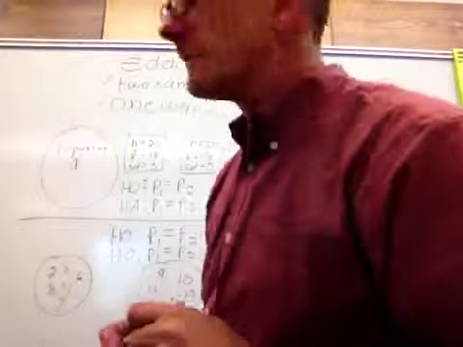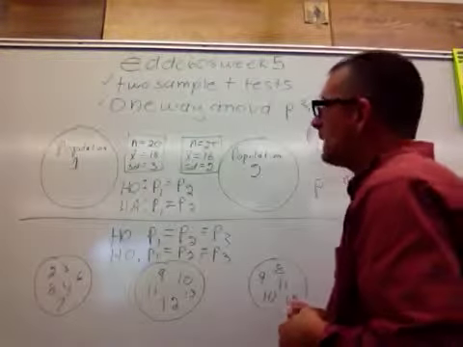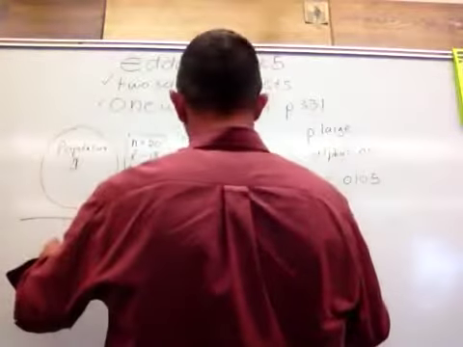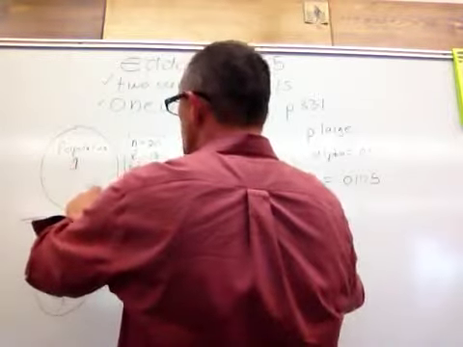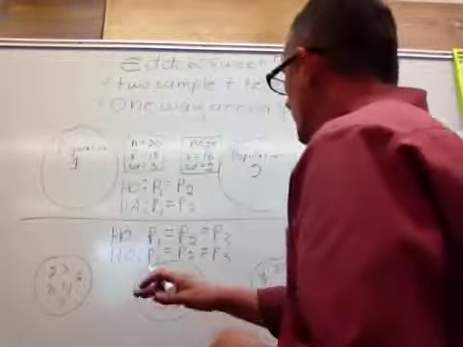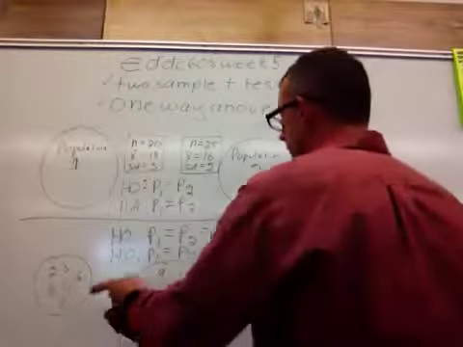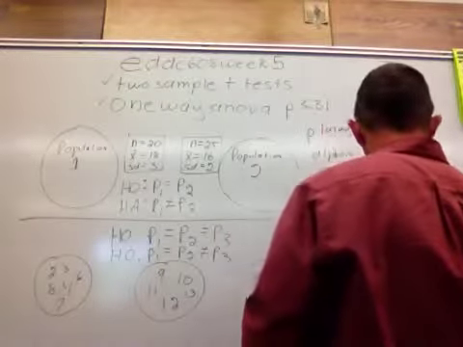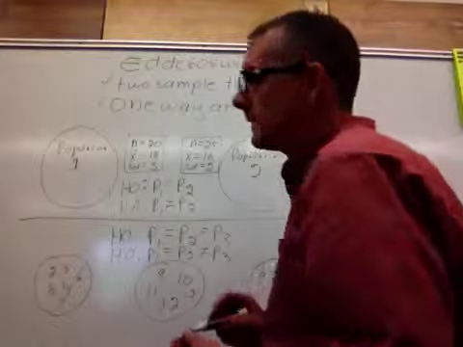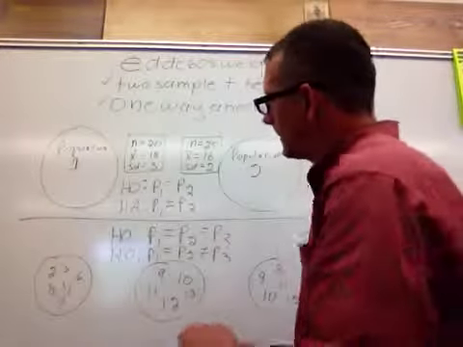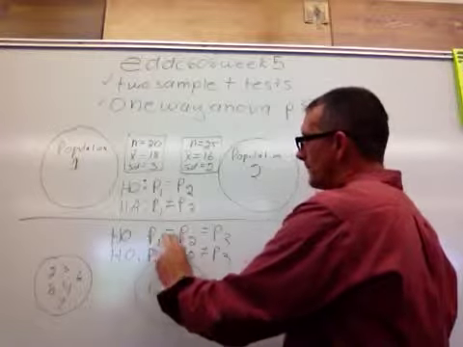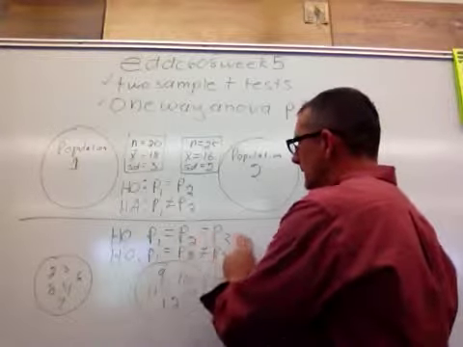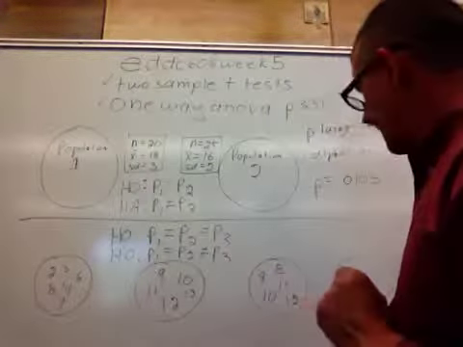The next test we're going to do today is called the one-way ANOVA. A two-sample t-test is only used for two populations. The one-way ANOVA can be used for three or more populations. The null hypothesis says the mean of one population is equal to the mean of the second is equal to the mean of the third.